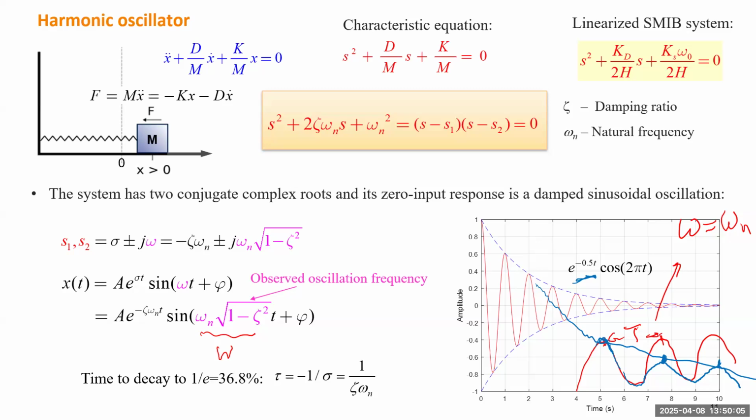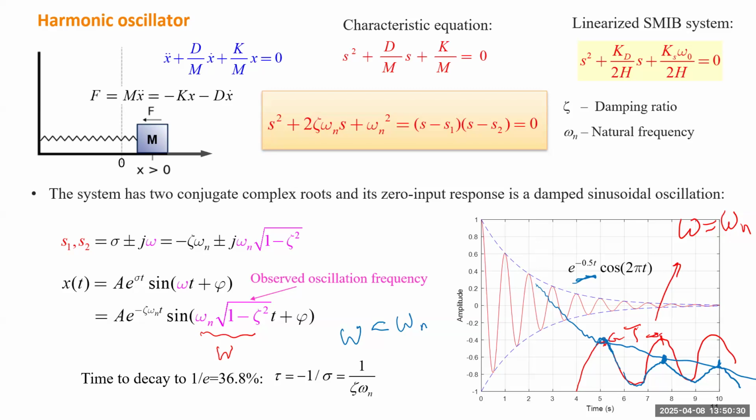So that will finally make omega slightly smaller than omega n, only slightly, if sigma is very small. So typically, we don't worry about which one we really mean for the frequency. You can use either one. But basically, omega without n means the frequency you observe.